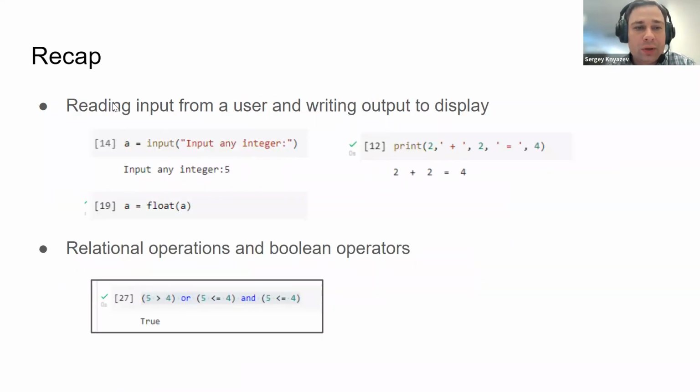Then we learned how to read input and output and how to process this input and output. We are going to extend this concept of interacting with users to the concept of interacting with files. Then we also touched on relational operations and Boolean operations.